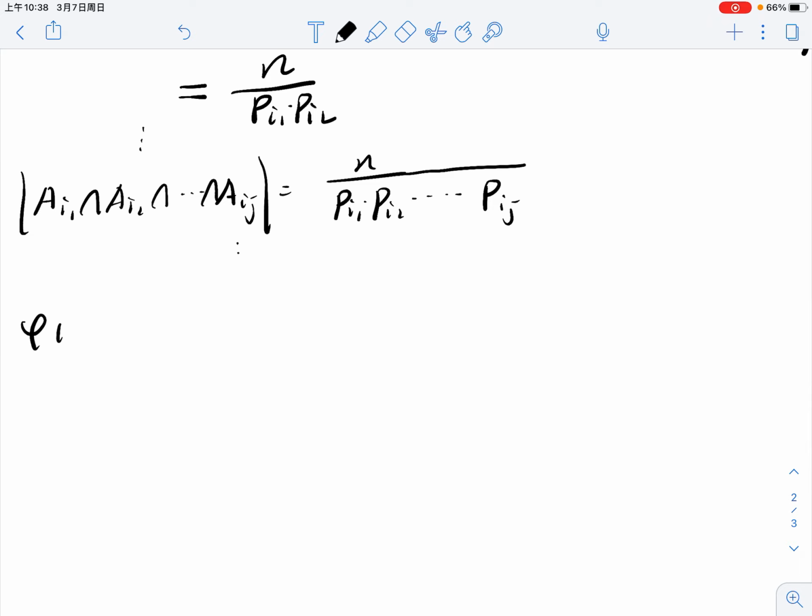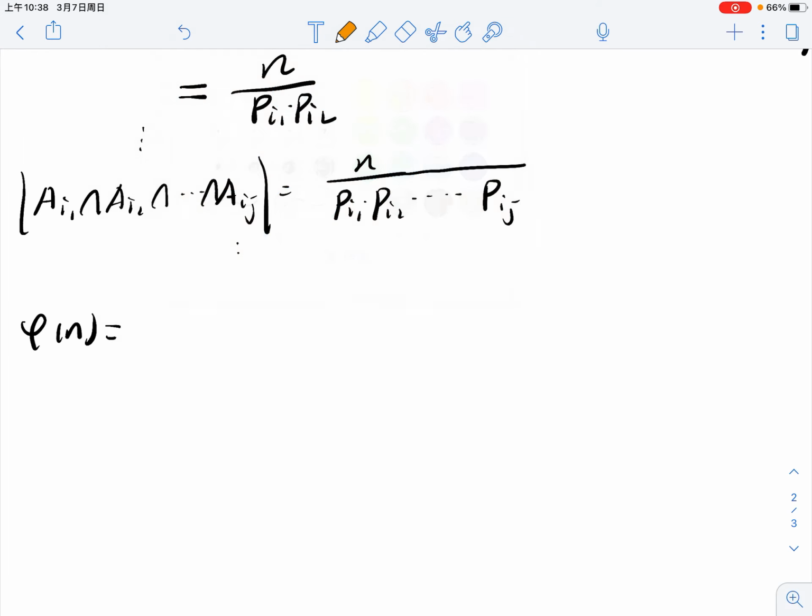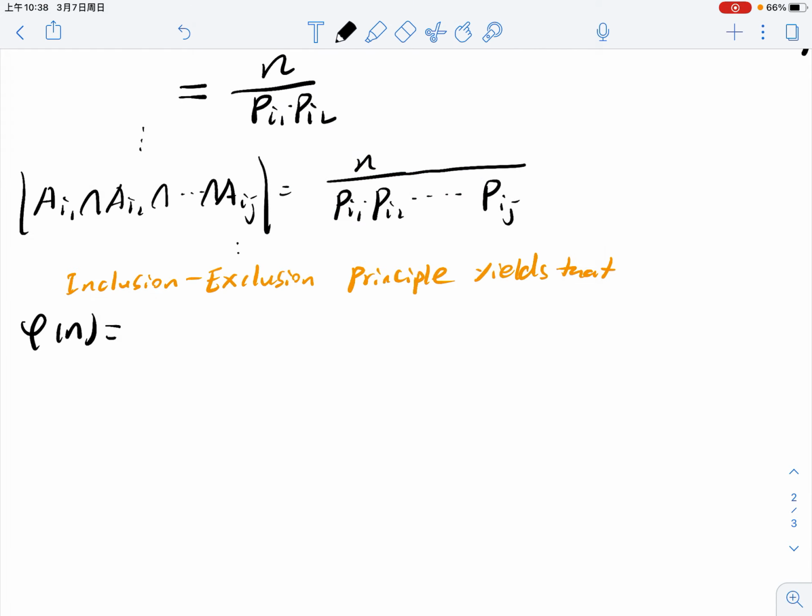And if you plug into phi n, now here we apply the inclusion-exclusion principle, which yields that phi n is, okay, let's rewrite.